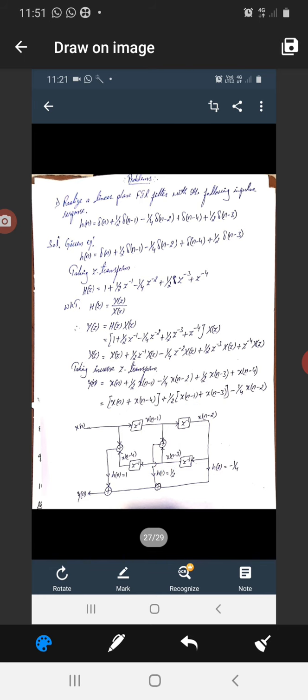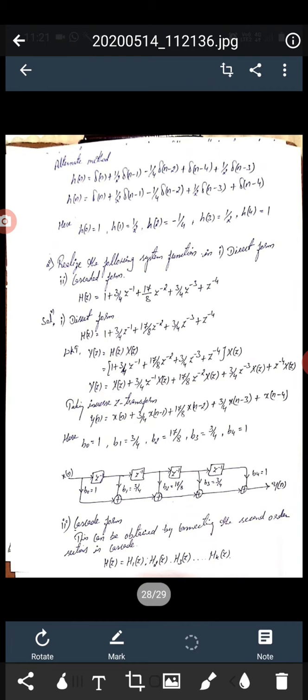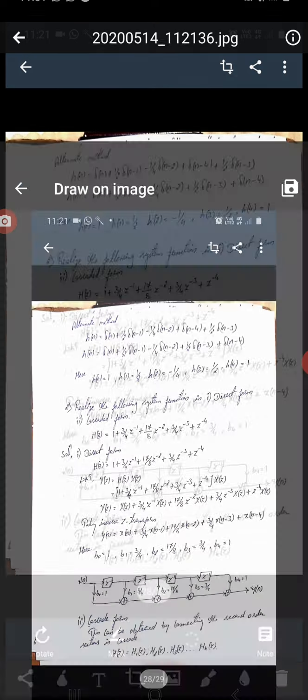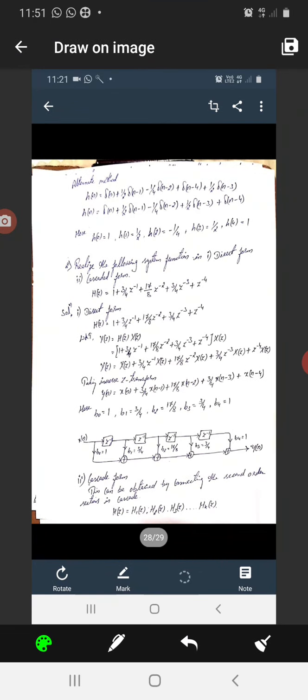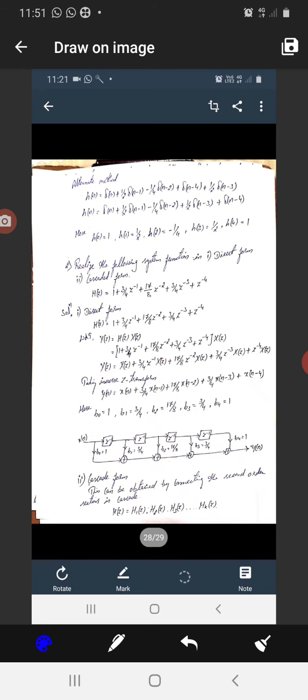One more method you can use is the alternate method. Write the given function as it is, then take each of the coefficients: here it is 1, here 1 by 2, here minus 1 by 4, then 1 by 2 and then 1.